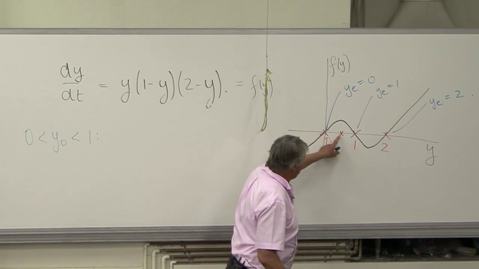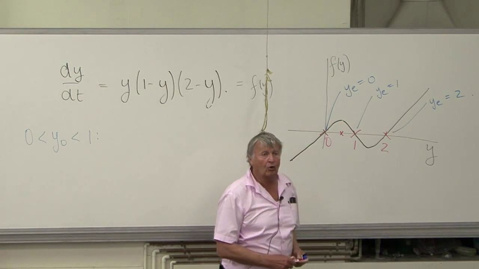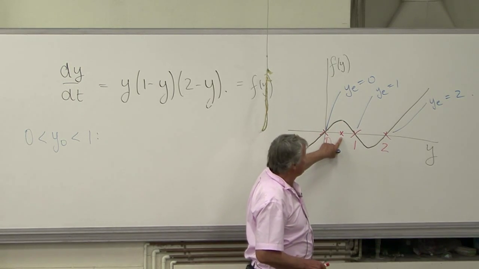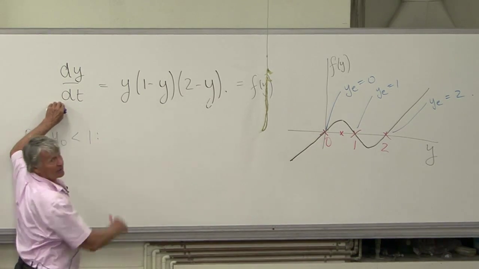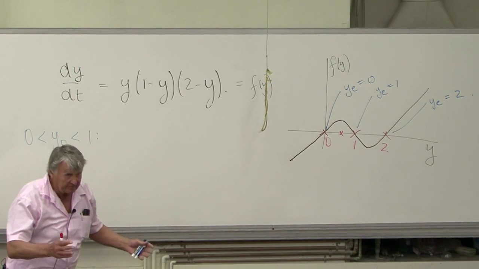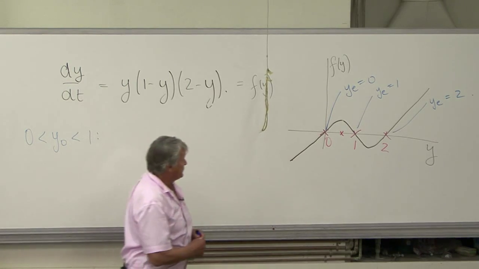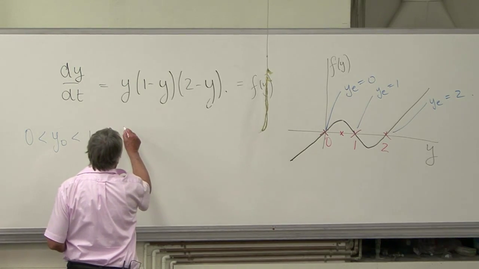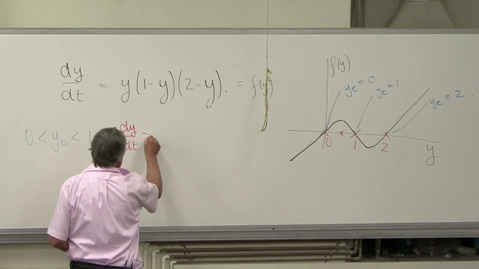You just look, you see the value of f is up here, positive. So at this value of y0, what is the value of this, positive or negative? Positive, because it's equal to this. Therefore, I have dy by dt is positive.